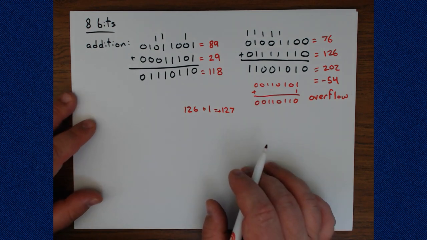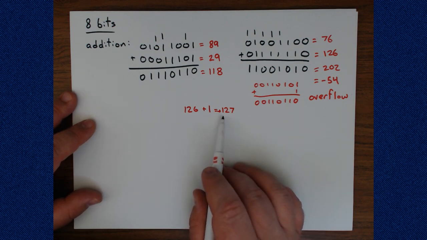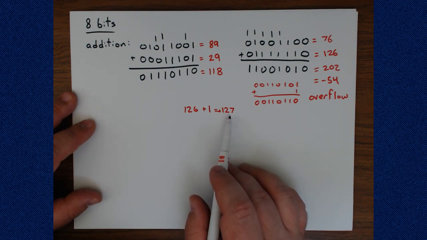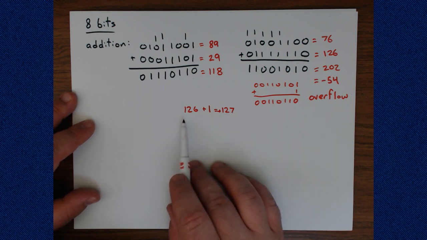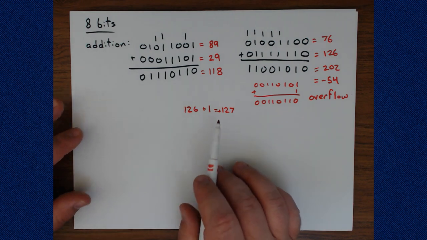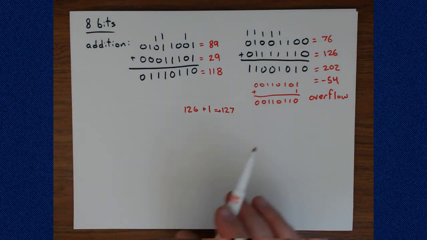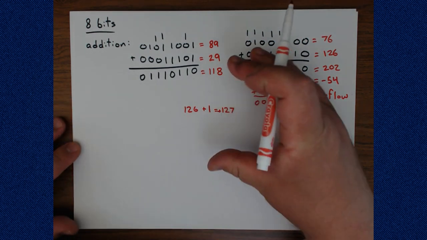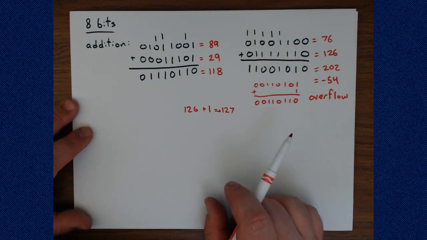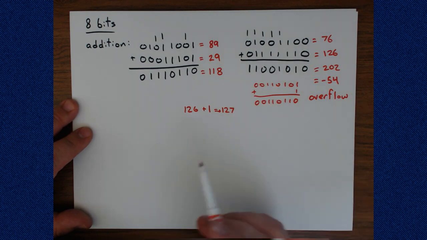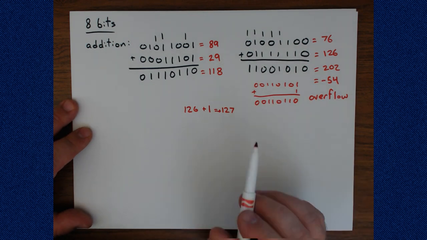Well, it's going to wrap around to the lowest number that we can represent. Remember that in sign magnitude and 1's complement, we had mirrors on the range. So if we went up to positive 127, we would go down to negative 127. But with 2's complement, we could go down 1 deeper because we slid the bottom half of our chart down to get rid of the duplicate zeros, which means we can go to negative 128.